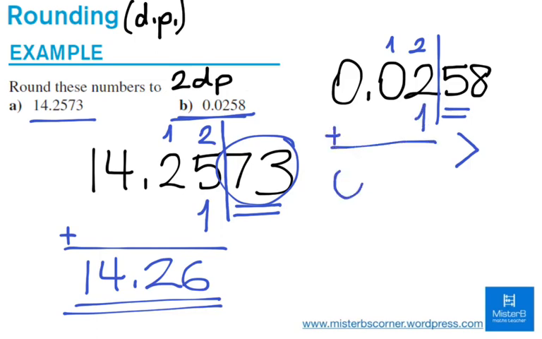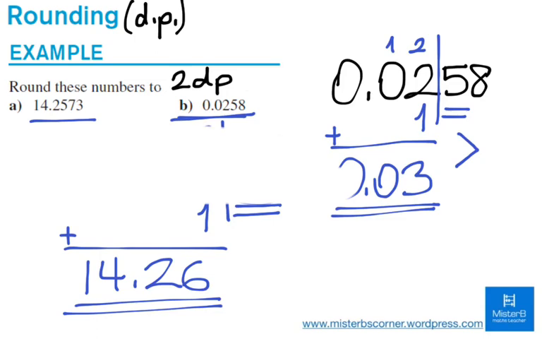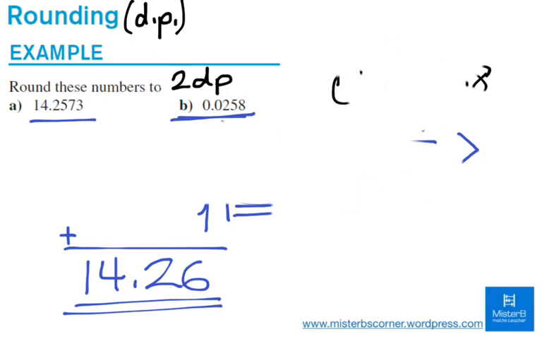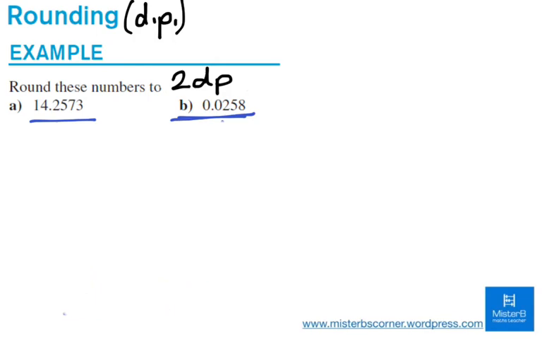So it's going to be 0.03 as rounded. So the rule is when you have a number bigger than 5 or 5 itself, then you add 1 to round the number, otherwise you don't add anything.